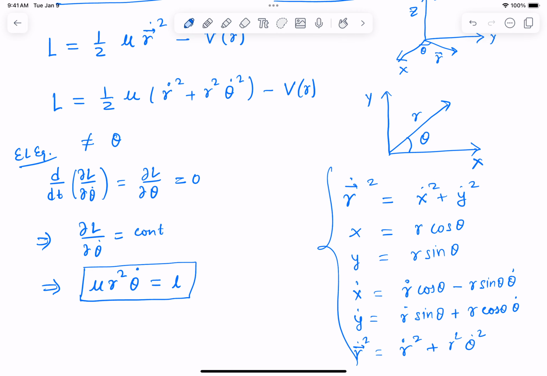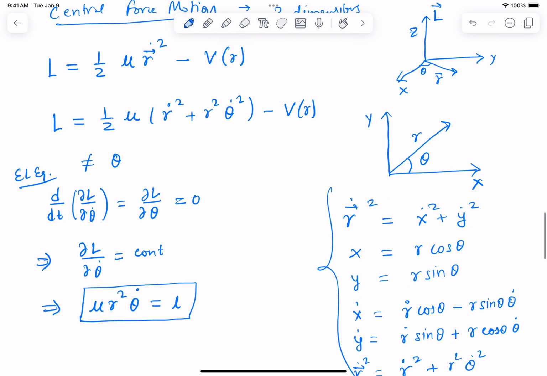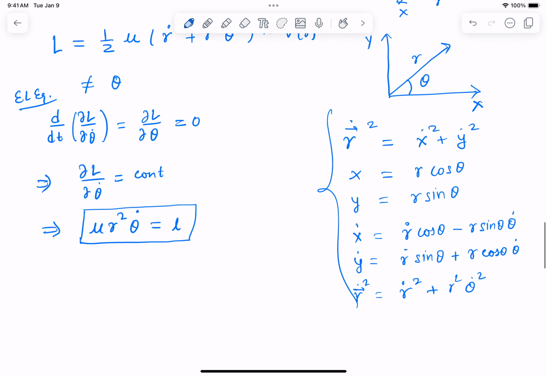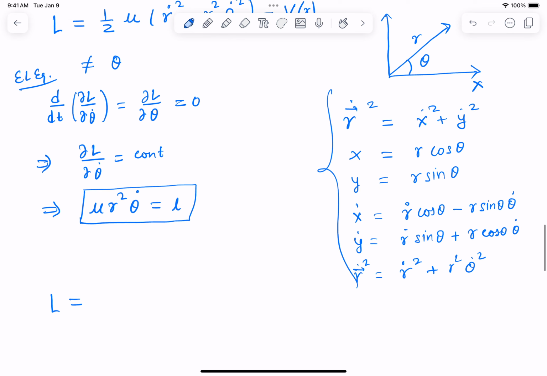Now that we have taken care of theta, what we can do is write the Lagrangian in terms of r only.